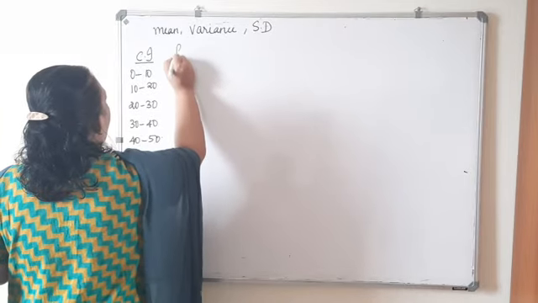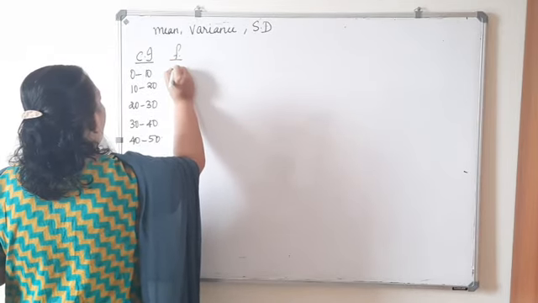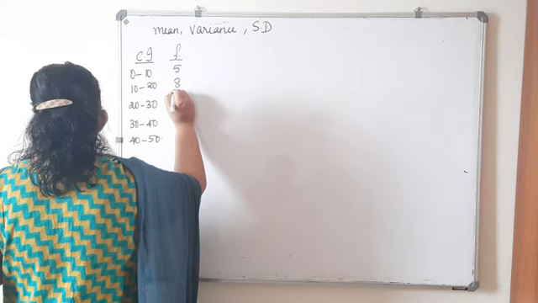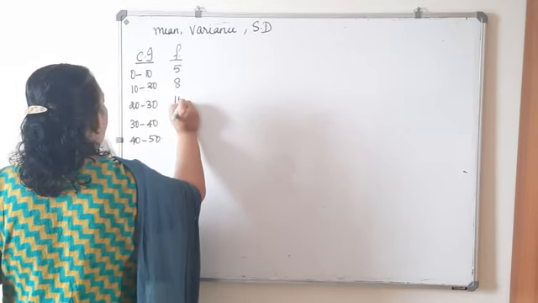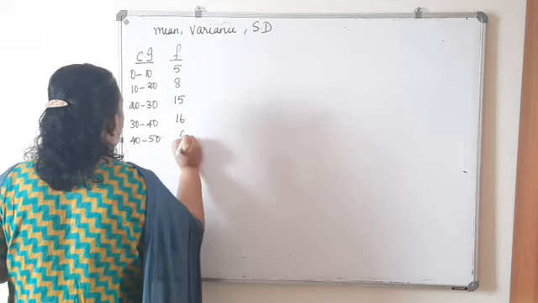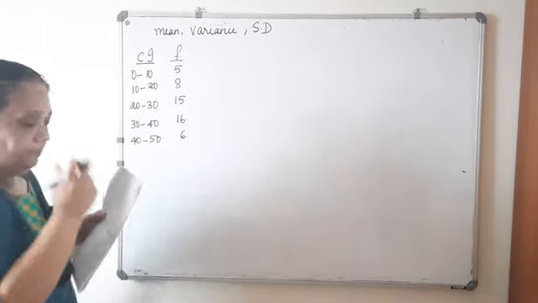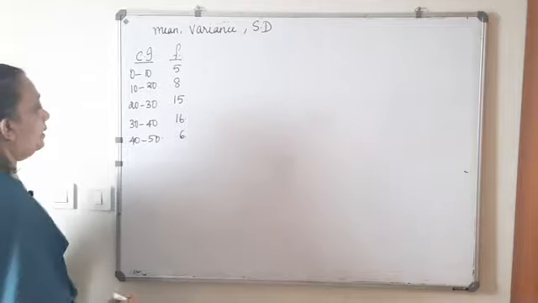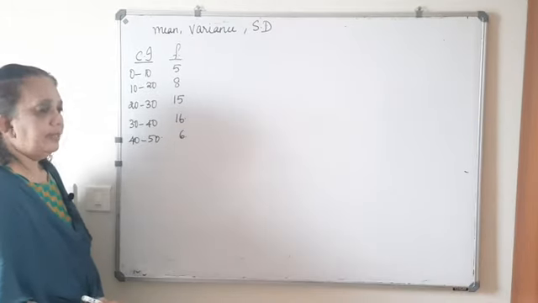And the frequency values are 5, 8, 15, 16 and 6. Now, calculate the mean, variance and standard deviation.